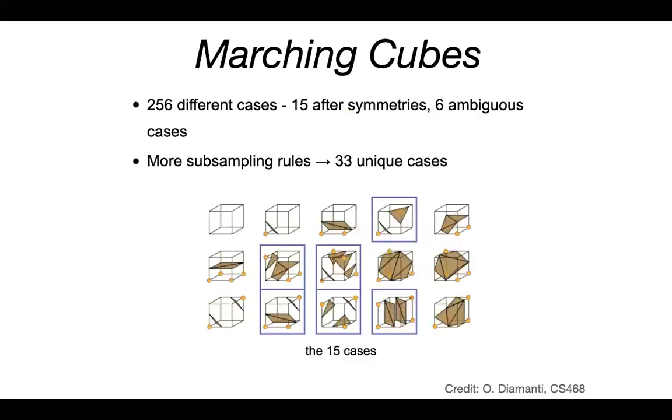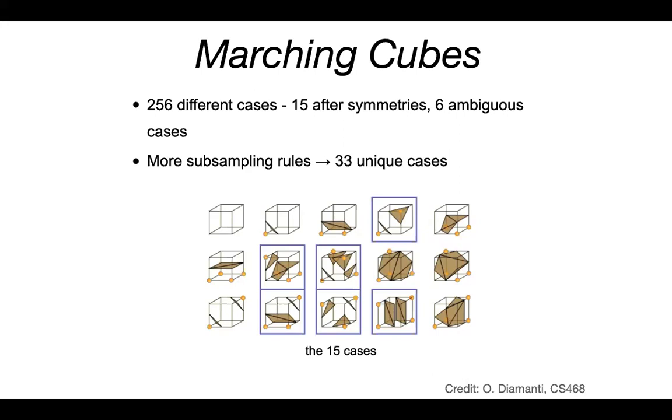Marching Cubes, based on those signs, decides what to do to create one or more polygons. And remarkably, there are only 15 cases if you consider symmetries and so on. In this first case, all the signs are the same, so it is either inside or outside.